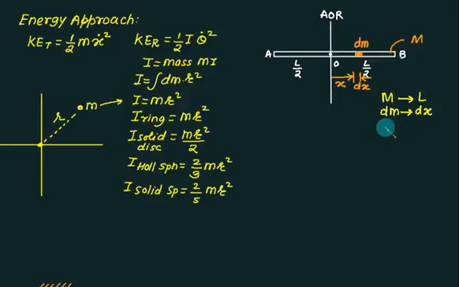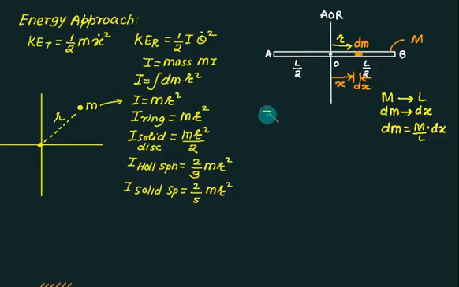It means that dm is equals to proportion quantity M divided by L multiplied by dx. And this mass right now is at this distance equals to r, and is going to rotate about this one. So this is r. R is same as x.